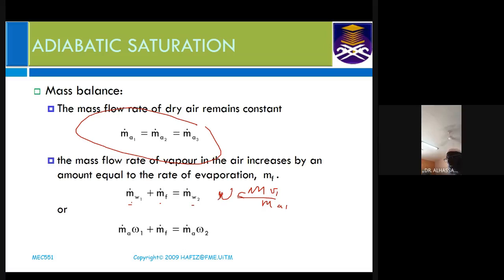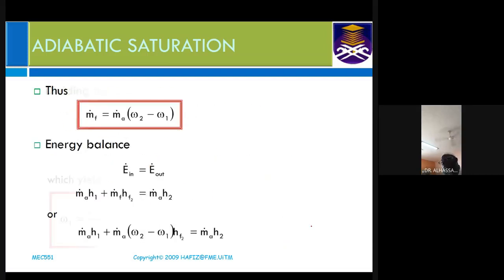So then we can have MV1 equals omega 1 times MA1. So we can represent MW by MV. Here MV1 is the same as MW1, and the same thing we are going to adopt over here.